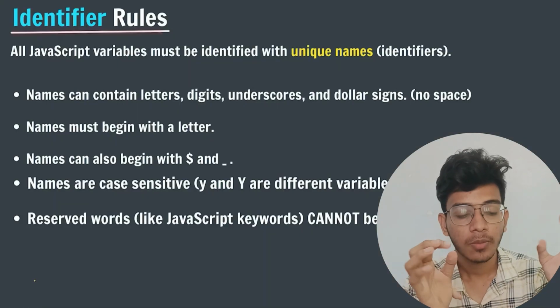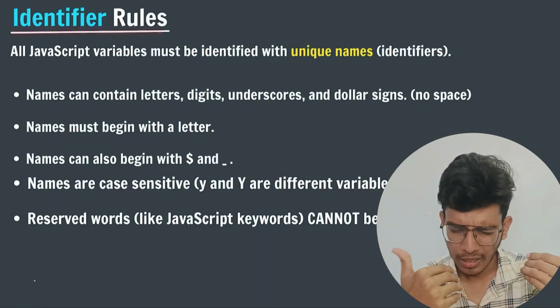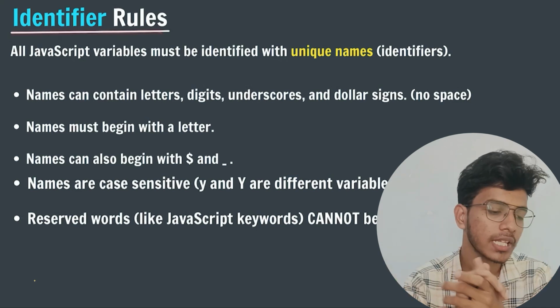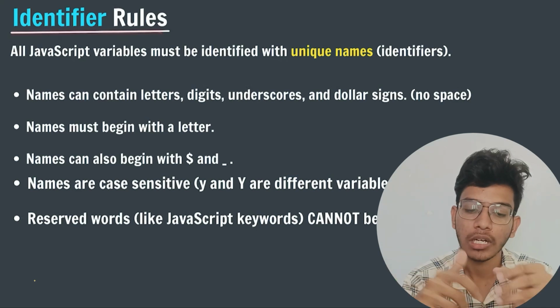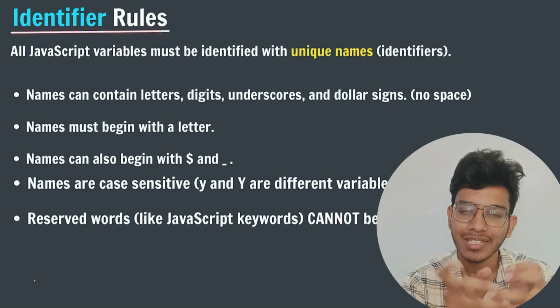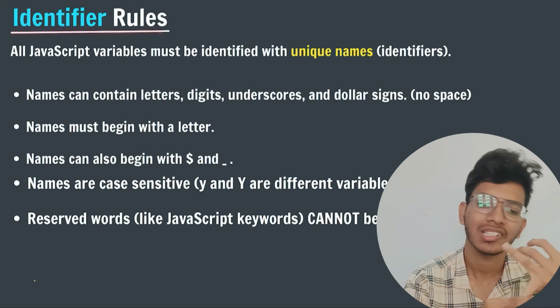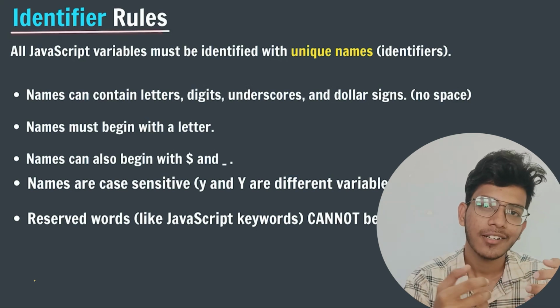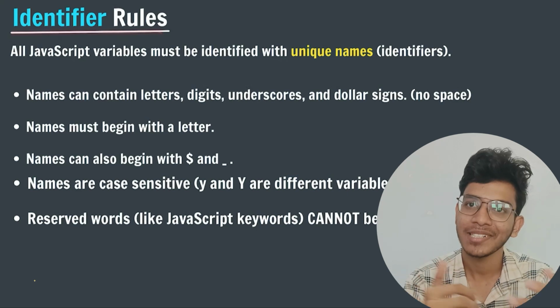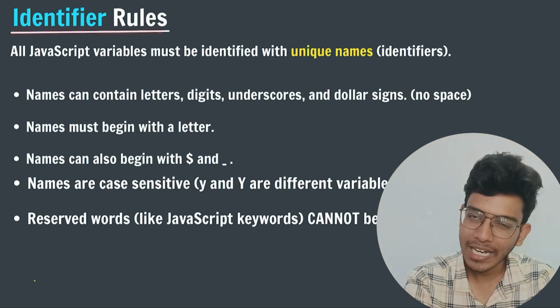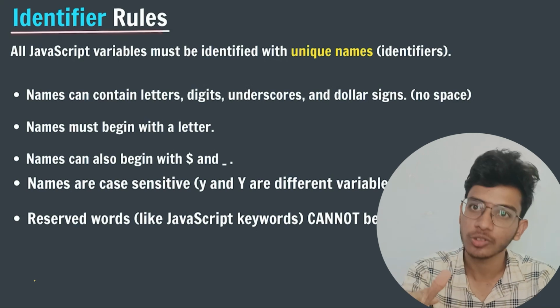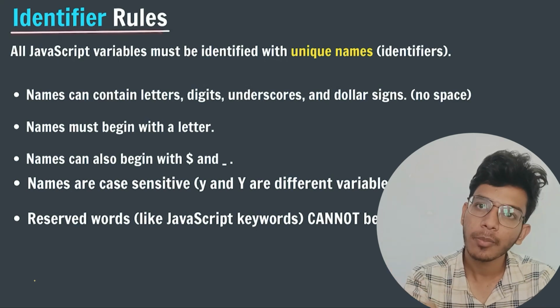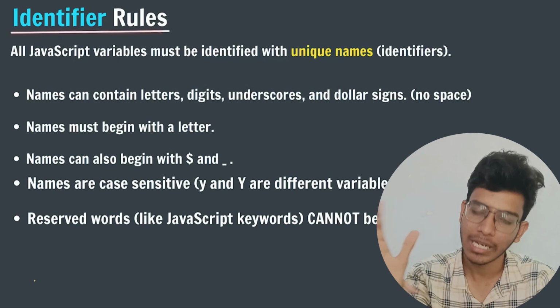Now the next concept we have is an important concept and a very simple thing, which is identifier rules. There are some keywords which we cannot use. For example, let's say I'm creating a variable and the name of that variable is let. Let is an inbuilt keyword in JavaScript. We cannot use that. Like that, we have some rules to create a variable in JS.